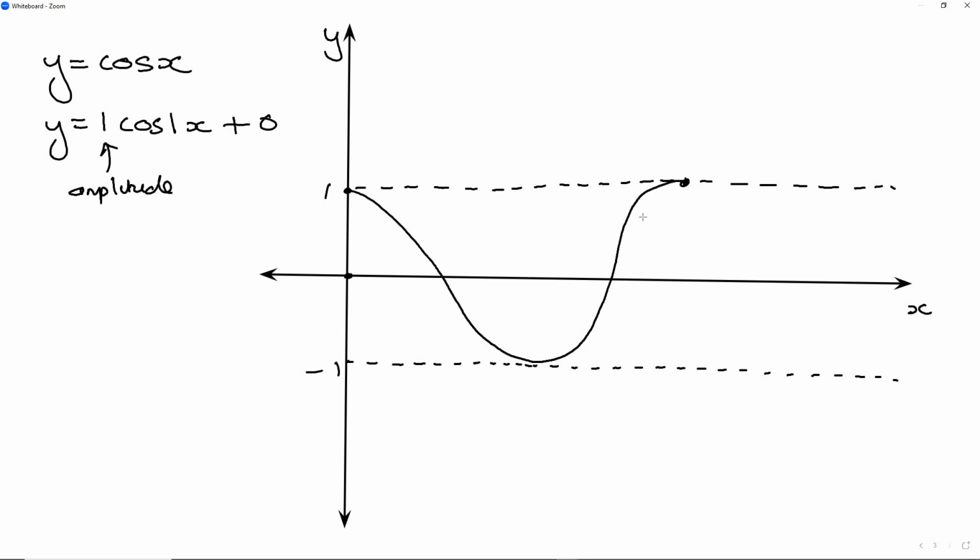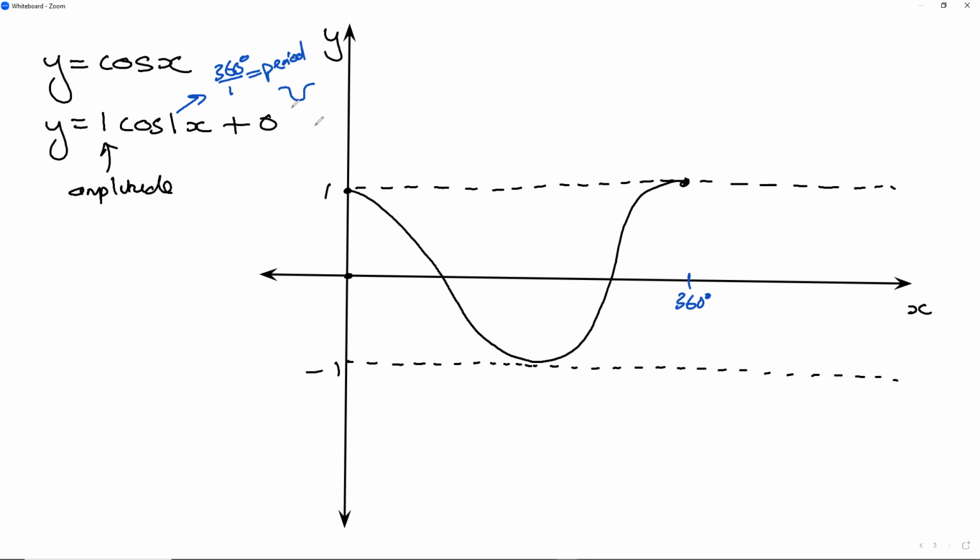The next one is 1, which is next to x. Now the 1 that's next to the x, we always take 360 degrees and divide it by that, because that's going to be the period of our graph. That's how long it takes to make one full cycle. So if we want to get to 360 degrees, to get one full cycle, that's how long it'll take.